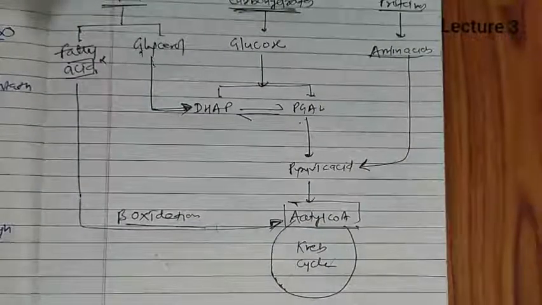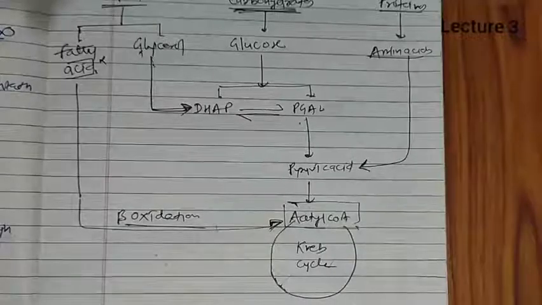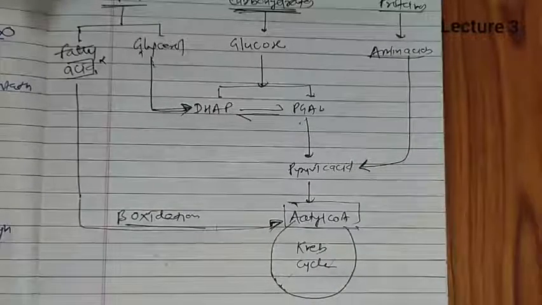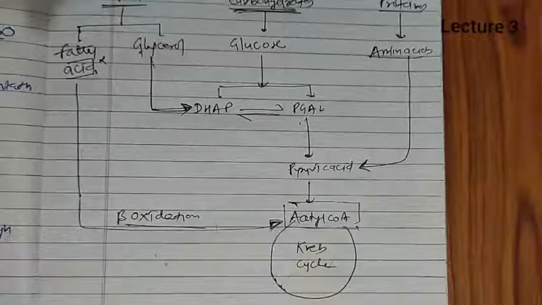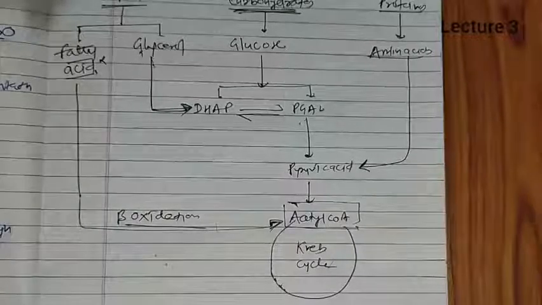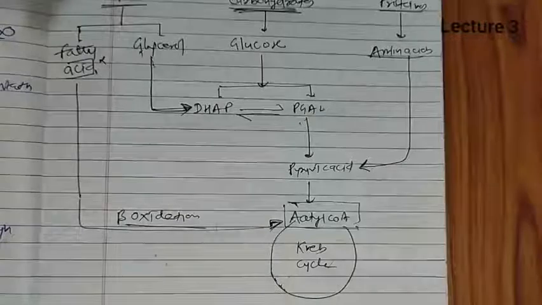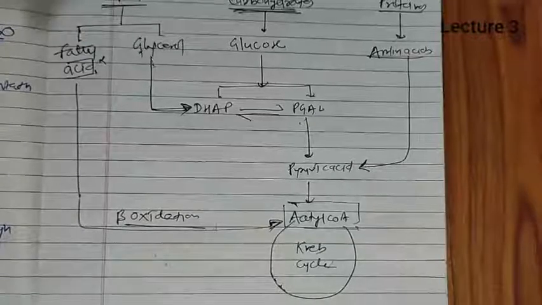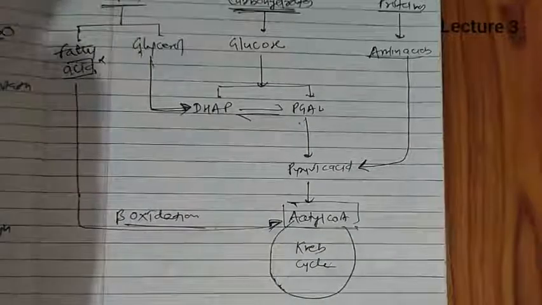So if they are involved in anabolism as well, then they are part of the amphibolic pathway. So next we talk about some of the intermediates of these various pathways acting as a precursor for other pathways.